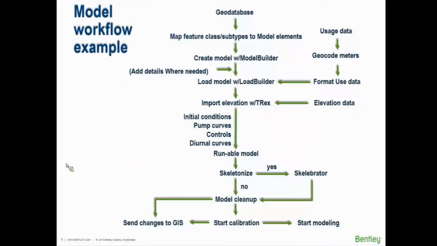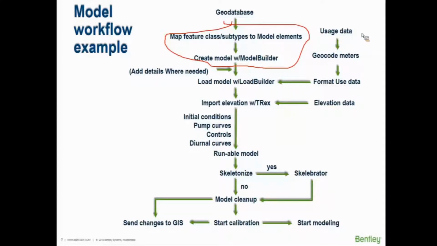This is an example of a workflow that you might follow if you are, let's say, in WaterGEMS ArcGIS. You're building a file. You would follow this path here by bringing the model data in from GIS with ModelBuilder.